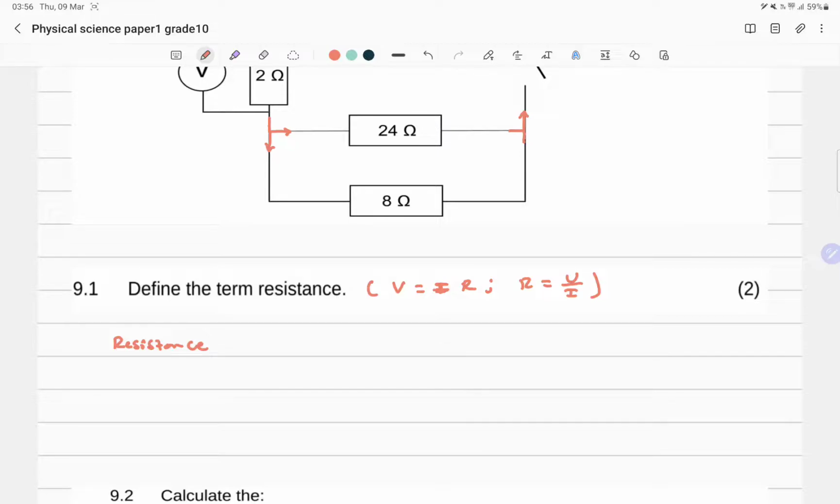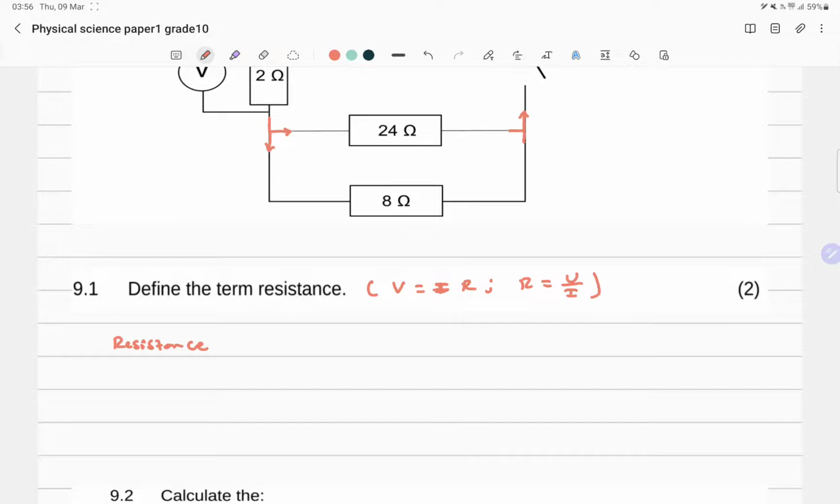Basically, the resistance is the work done to move a current through the circuit.